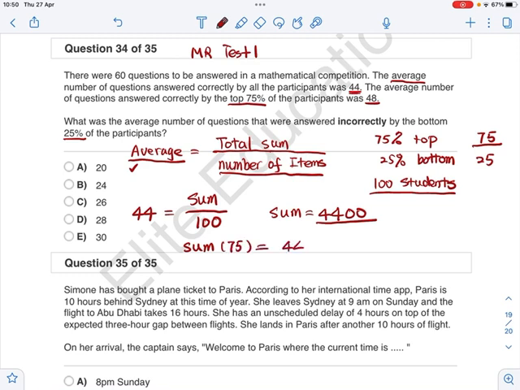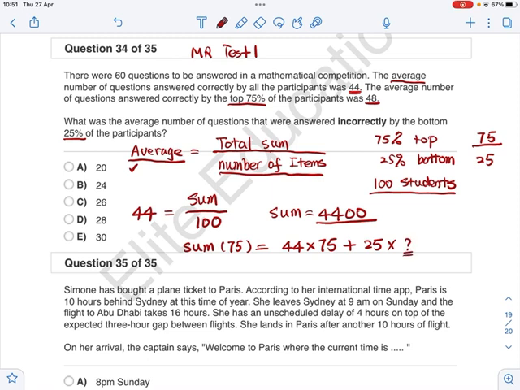to 48 times 75. Besides these 75 top students, the other information we want to know is for the other 25 students. Let's assume they get a question mark number of questions correct. That is the information we need to find out.